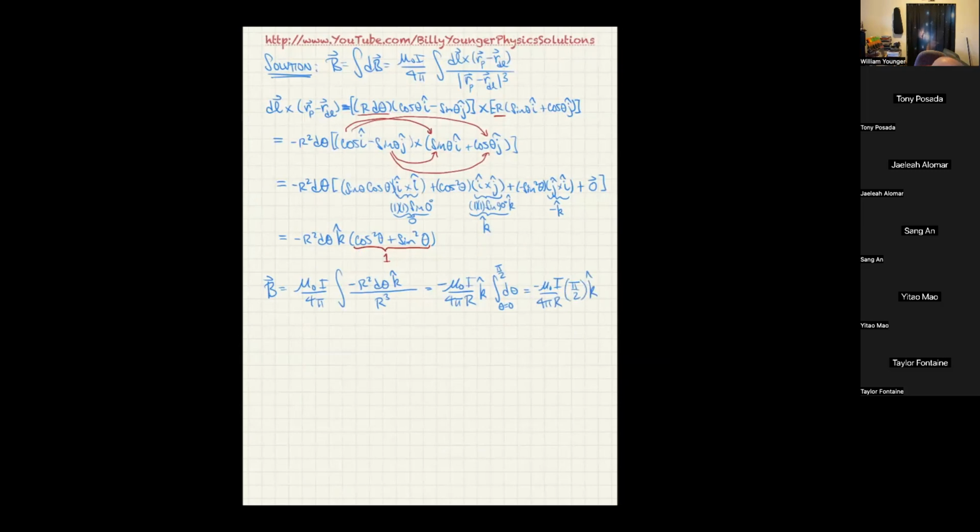You can see that this pi is going to cancel out with this pi, and this 2 is going to multiply by r. And ultimately what we get is B due to the inner part is equal to just mu 0 I over 8 r k hat.